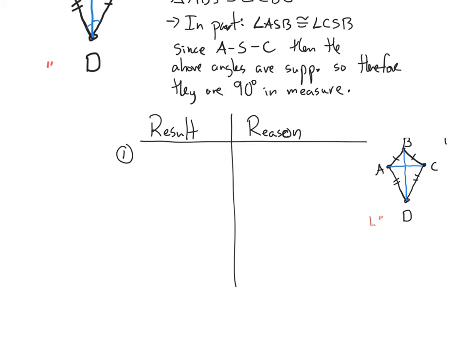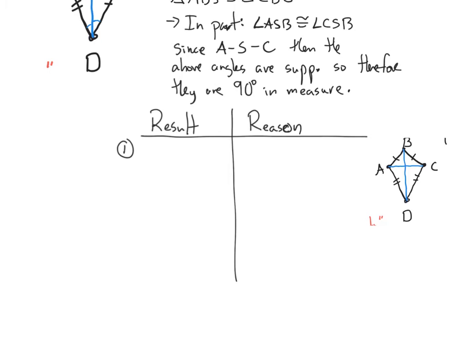Okay, so the first one, we know that line segment AB is congruent to line segment CB, and we know that because it was given. The second one is we know that AD is congruent to CD, and again, we know that because it was given.